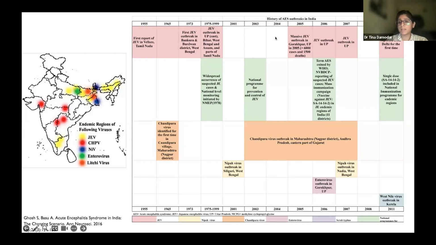In 2011, we started with single doses of SA-14-14-2, which is a vaccine against JEV, and it was included in the National Immunization Program for endemic regions only.